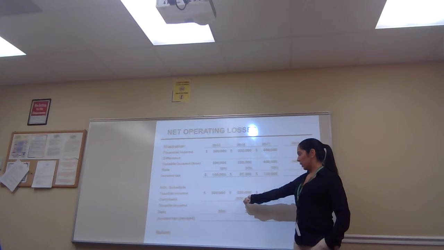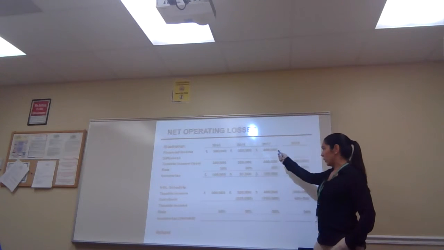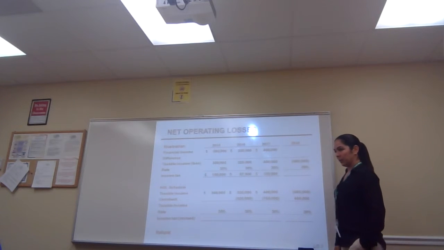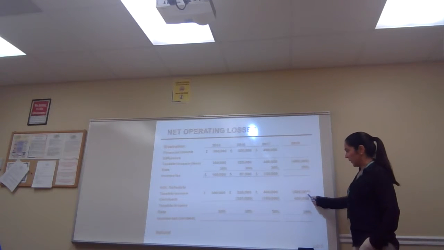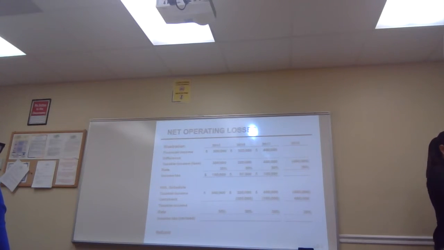So 325 goes here, they just ate into 325 here. What were they left with? 155, and the 155 goes into 2017. So they were able to take the benefit of this loss 2 years back. And this is the tax rate and their tax advantage.